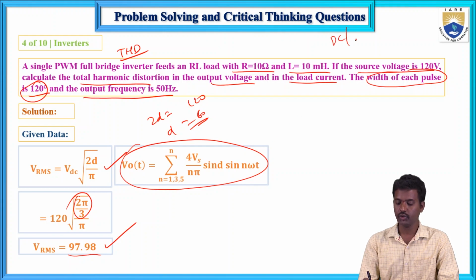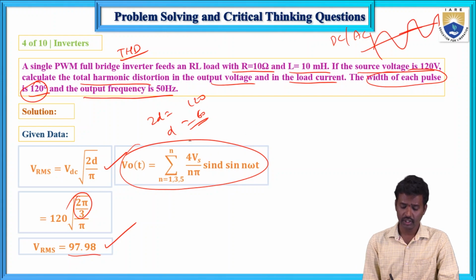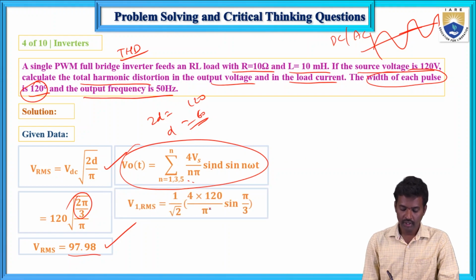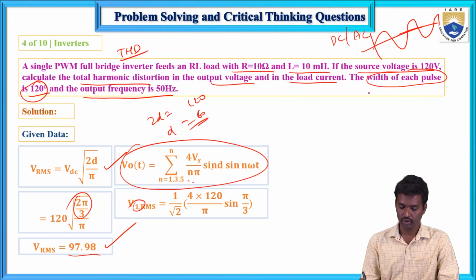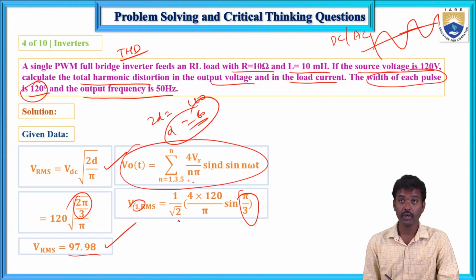If you convert from DC to AC, the AC output voltage equation is sigma over n equals 1, 3, 5 till n, of 4 Vs divided by n pi sin nd sin n omega t. So the first harmonic, the fundamental frequency component RMS value, equals 1 by root 2, 4 into Vs, which is 120, by pi sin d, where d equals 60, and this is RMS, so 1 by root 2. Now this value equals 93.5.